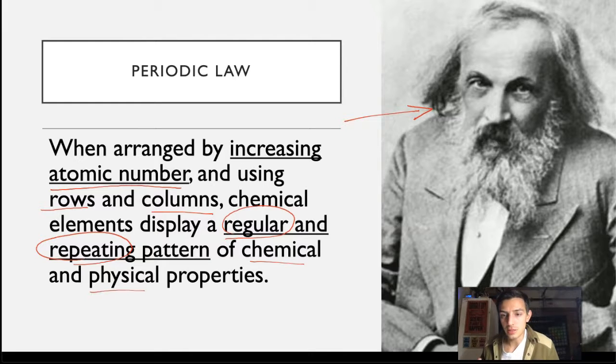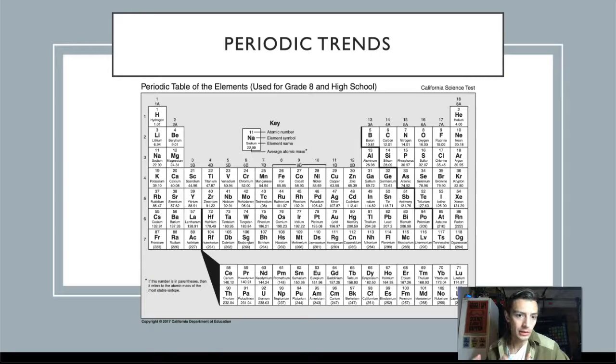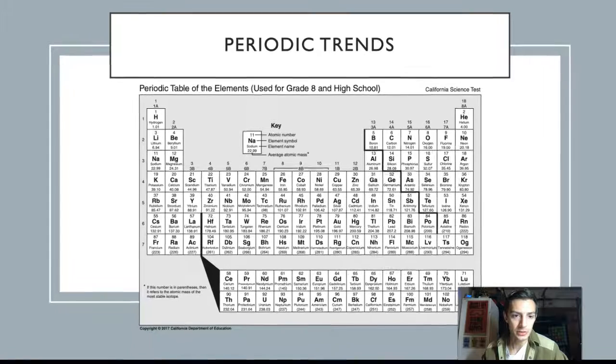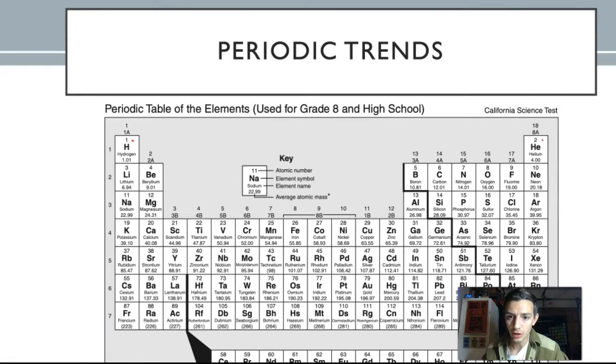So when arranging them this way, you can show how the elements are kind of related to each other by families. So to show this a little clearer, what I'm saying is that numbers 1 and 2 are up at the top, and then we go 3, 4, 5, 6, 7, 8, 9, and 10, and then starting over again at 11, 12. This repeating pattern of reactivity occurs when you put these different elements on top of each other in what's called a column.